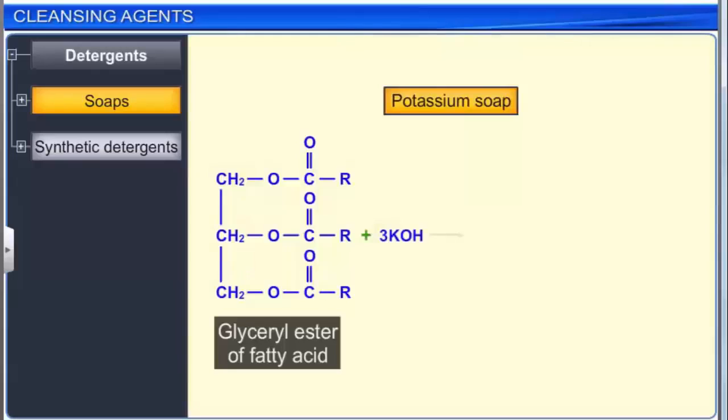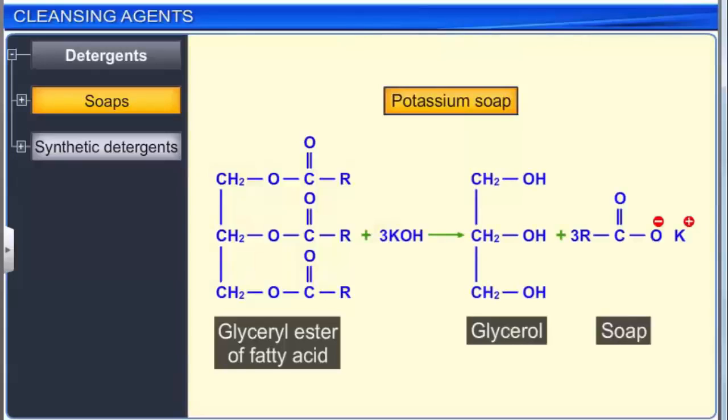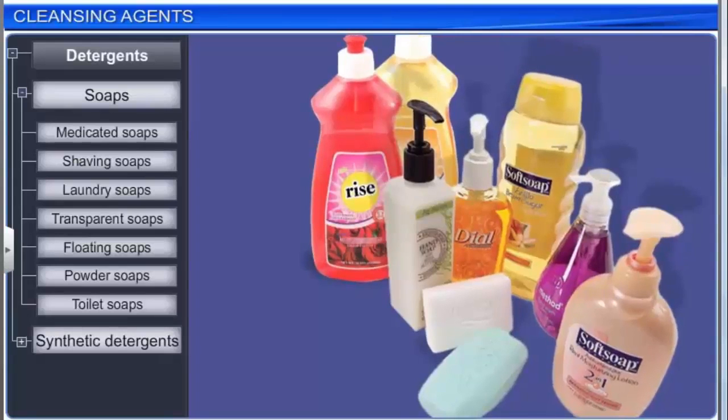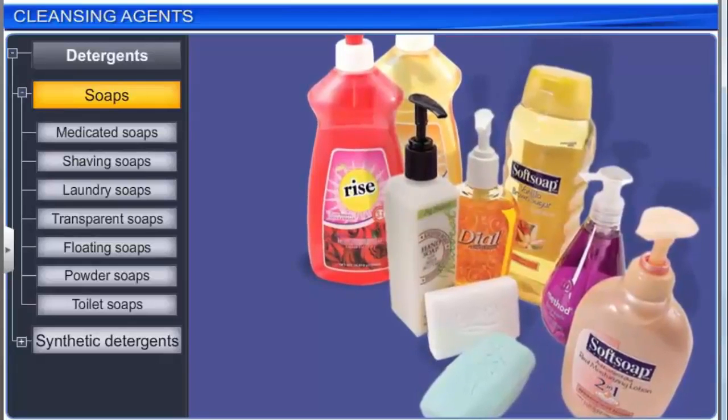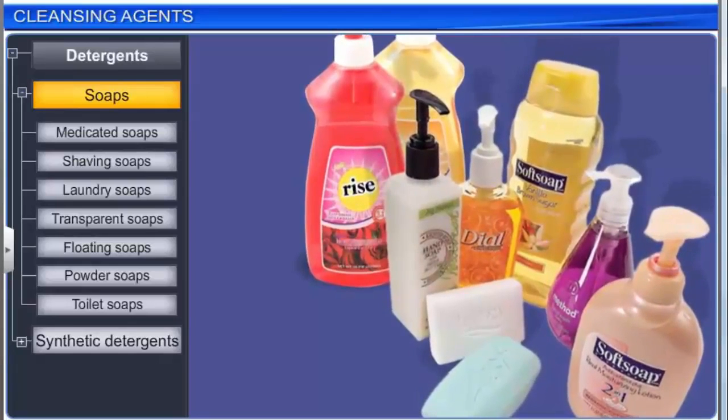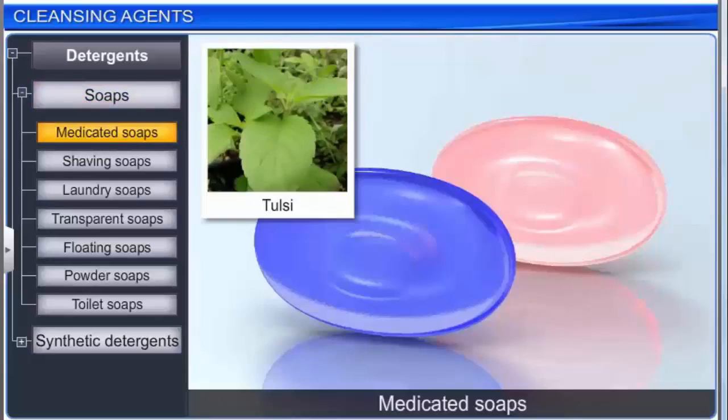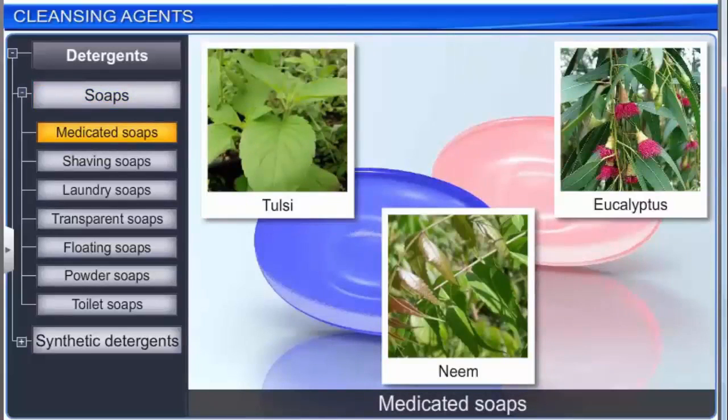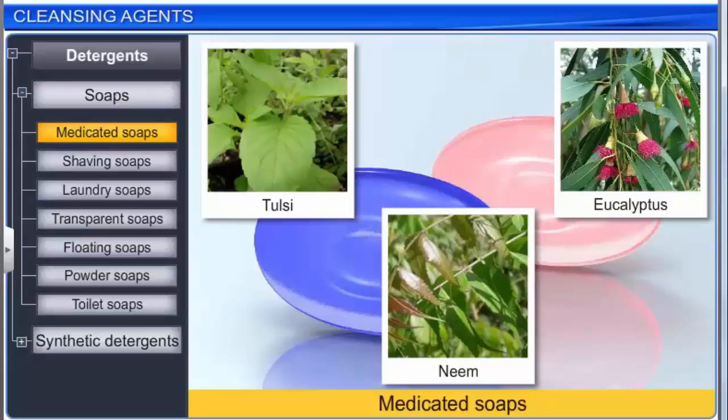Potassium soaps, produced by the saponification of fats with potassium hydroxide, are usually softer and more soluble than sodium soaps. Soaps may vary in composition and method of processing. For example, substances of medicinal value are added to medicated soaps.